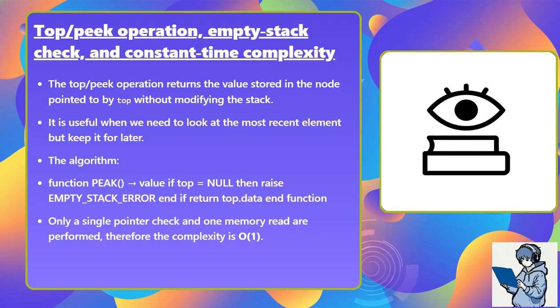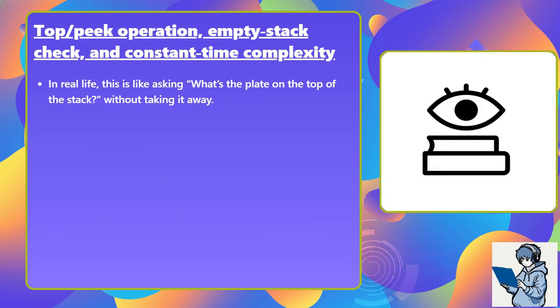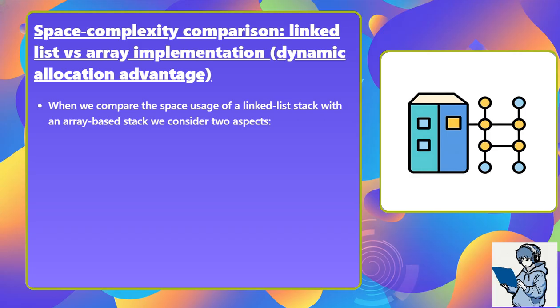Only a single pointer check and one memory read are performed, therefore the complexity is O(1). An empty stack test, top equals null, is also O(1) and can be used by any client code to decide whether a pop or a peek is safe. In real life, this is like asking what's the plate on the top of the stack without taking it away. When we compare the space usage of a linked list stack with an array-based stack, we consider two aspects.